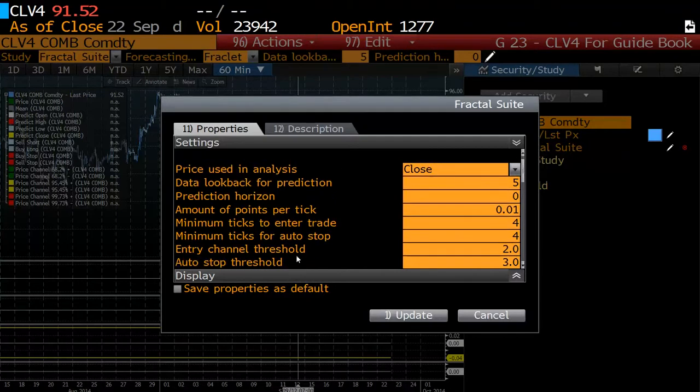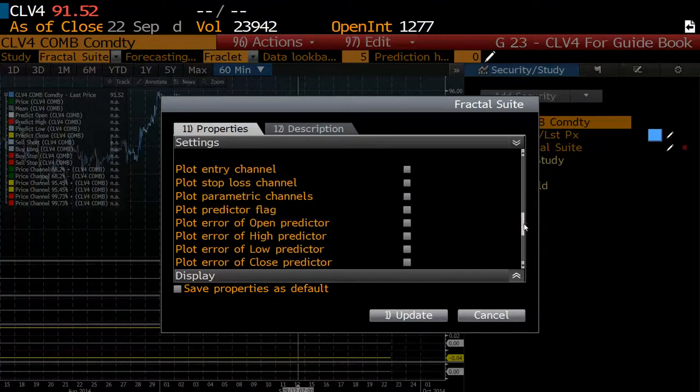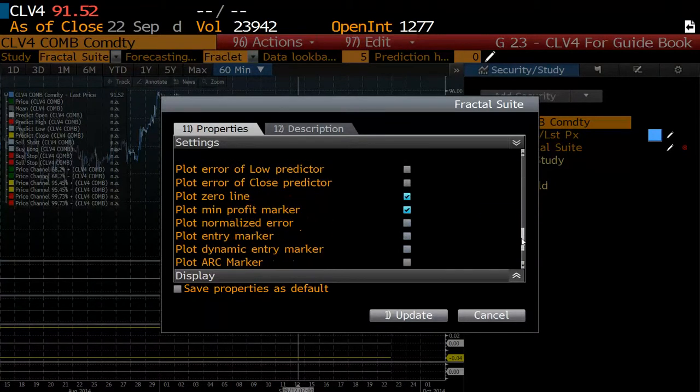We also have minimum ticks to enter trade set at 4 ticks. Hence we have positive 0.04 and negative 0.04 as our minimum ticks for entering the trade. So those inputs are specifying what the minimum profit marker is. Simple as that.